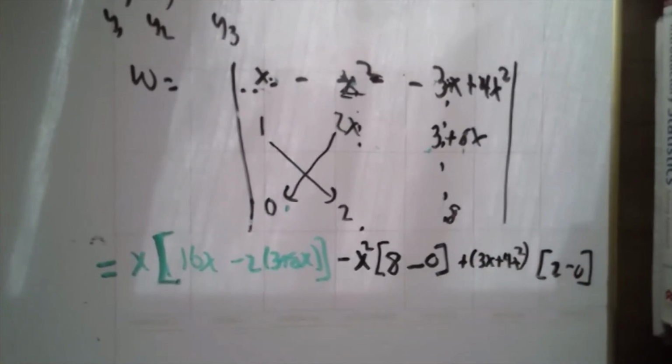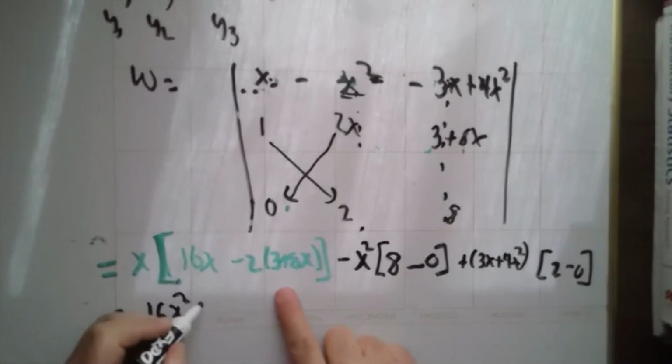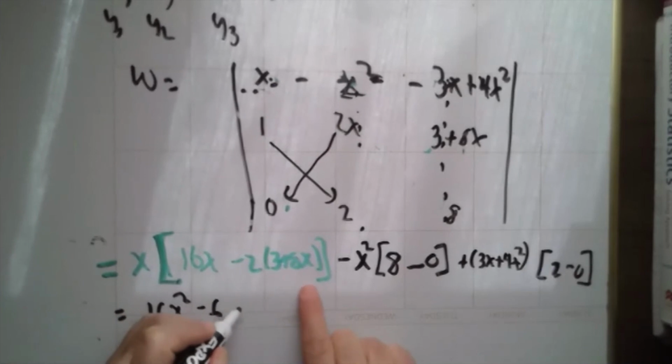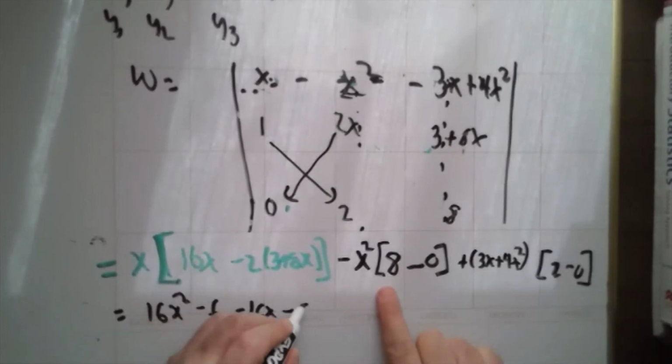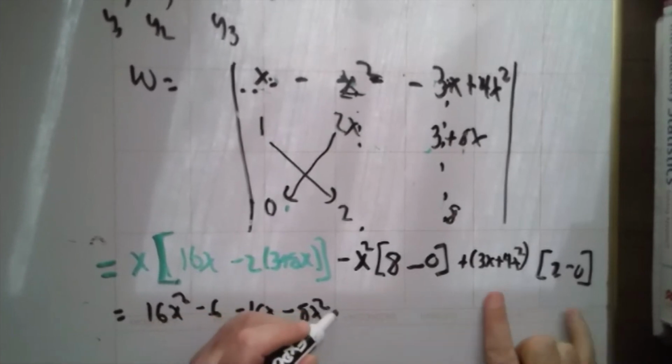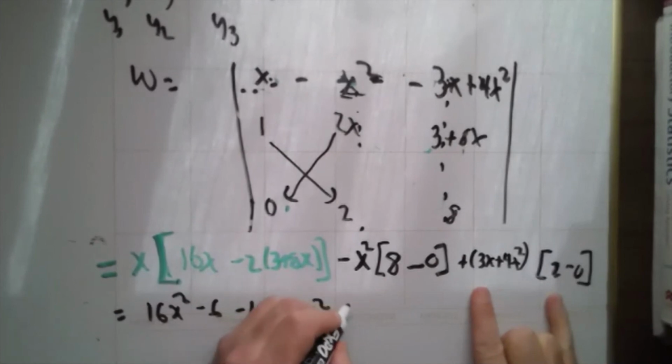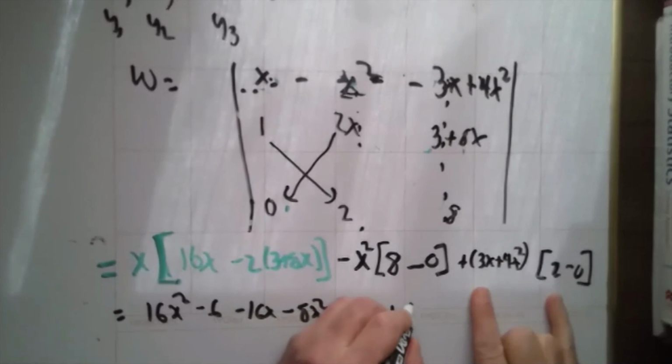Okay, now let's just clean everything up and see what we get. So I'm going to get 16x squared minus 6 minus 16x minus 8x squared plus 6x plus 8x squared.